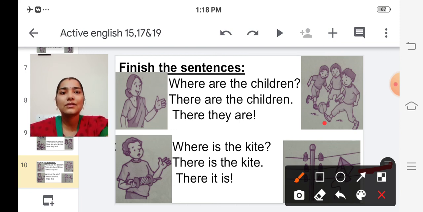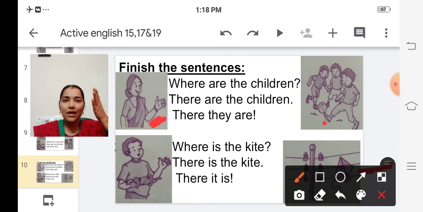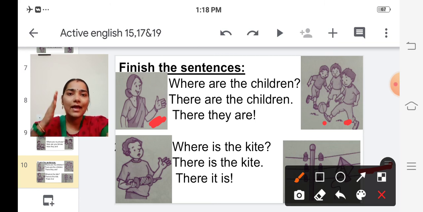Look at her hands. Because the children are playing somewhere, isn't it? There they are.